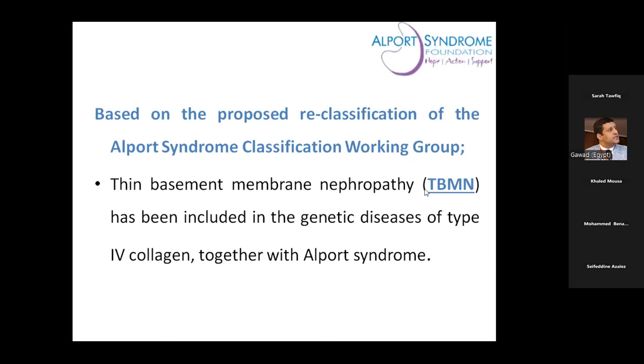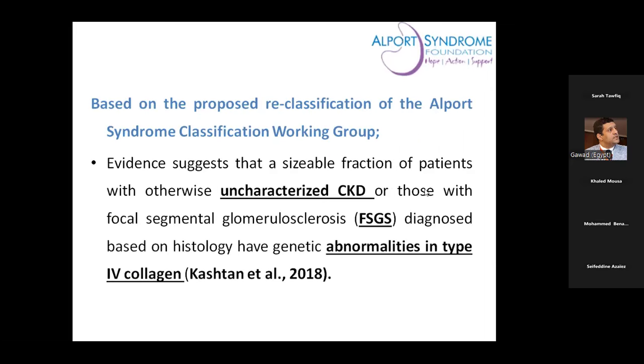Again, as Dr. Muhammad mentioned, thin basement membrane disease has been included in the genetic diseases of type 4 collagen together with Alport, which means that thin basement membrane could progress to end-stage renal disease similarly to Alport. It's not an innocent disease as we previously thought.